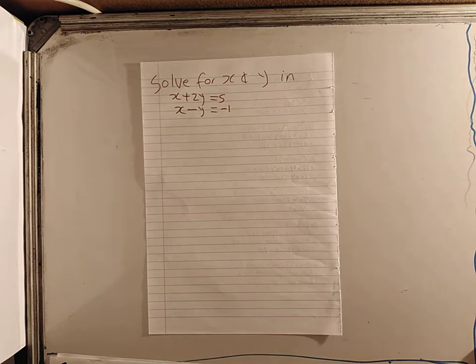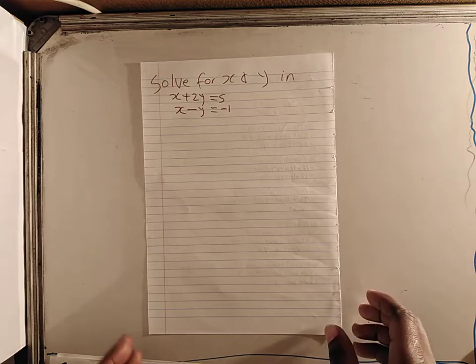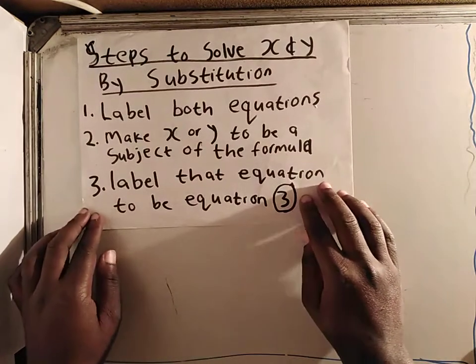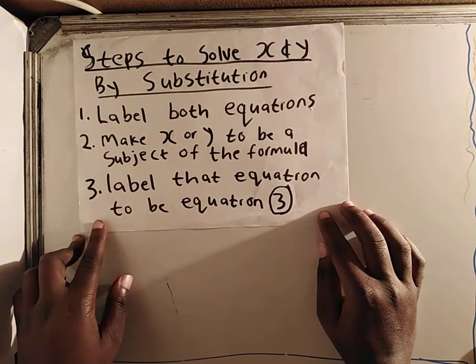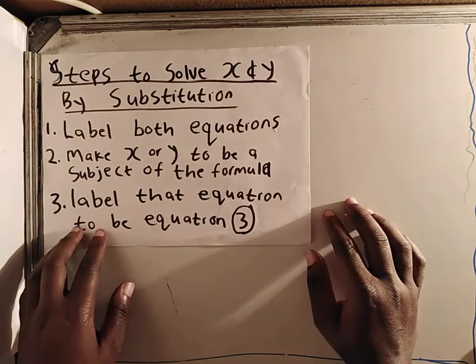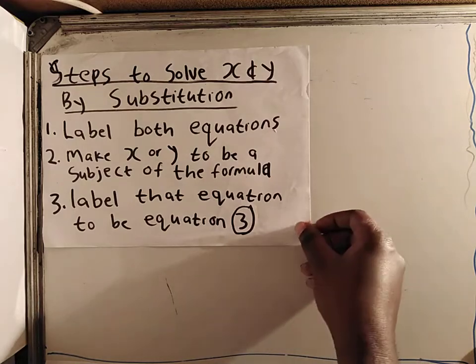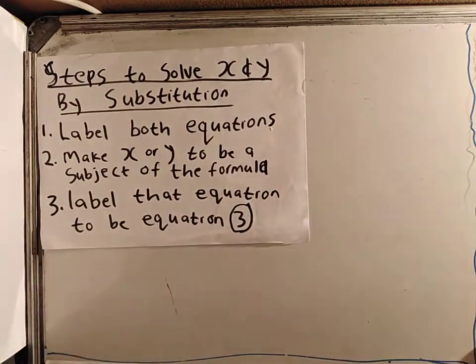Let us see how we get things going. There are some steps that we follow when we try to solve this problem. Let us quickly share these steps so that we can follow them. Step number one, you must label both equations. Step number two, you must make x or y the subject of your formula.